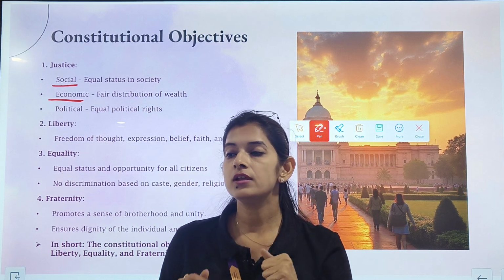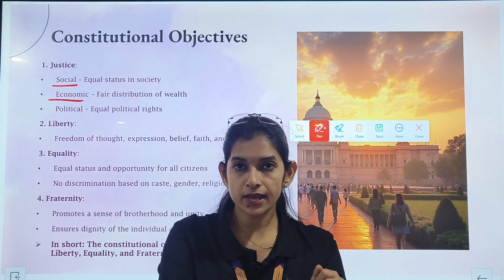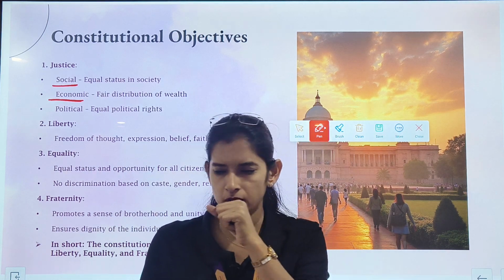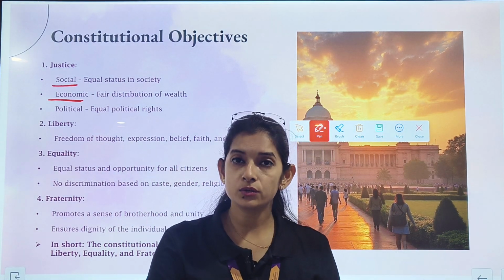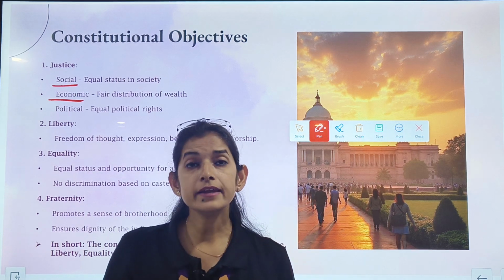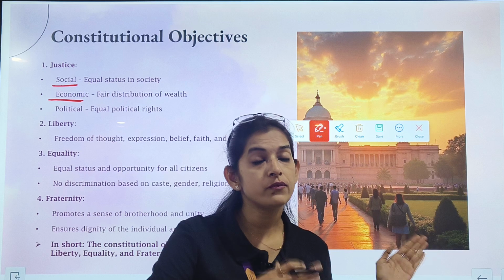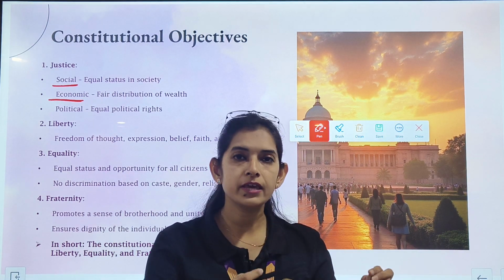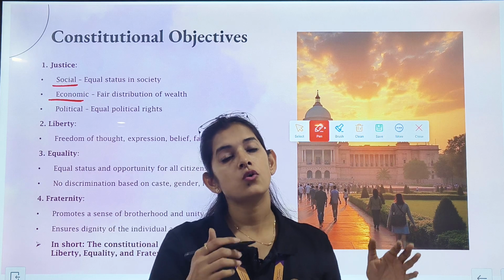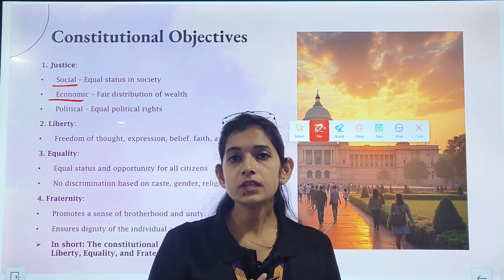For example, have you seen a tea vendor who is selling tea on a roadside? Have you seen that? Right? If the government is displacing that person from one place to another, then in return, the government should give him or her a place on which he or she can earn money, right?